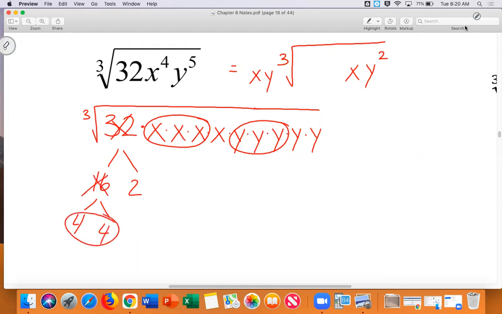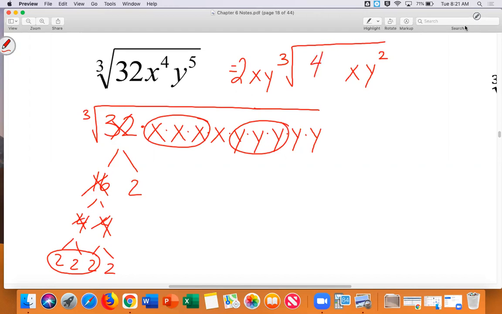Ooh, no, not doing pairs, we're doing 3s. So we're going to do 4 and 4, which is 2 and 2, 2 and 2. Now I need a group of 3. There it is, that 2 comes out. What's left? 2 times 2, so I put a 4 in there.